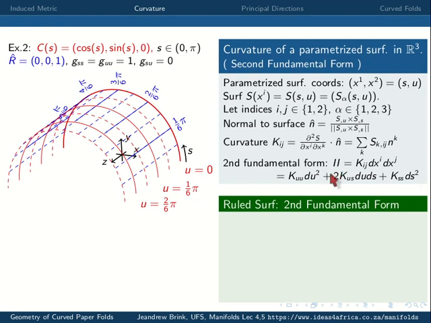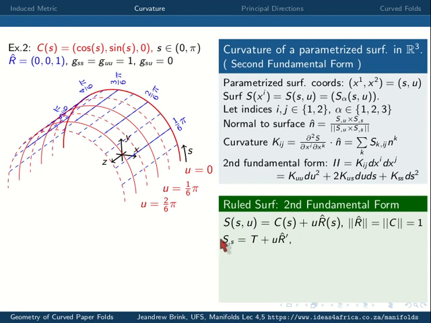Okay, and so you can do this, and this is where it's going to come back to the surface. You can work out your second fundamental form for a ruled surface. So remember, here's once again the setup. We had S equals the curve of s plus u times r of s, with r hat and t equals 1. Sorry, r hat dot t equals 1.